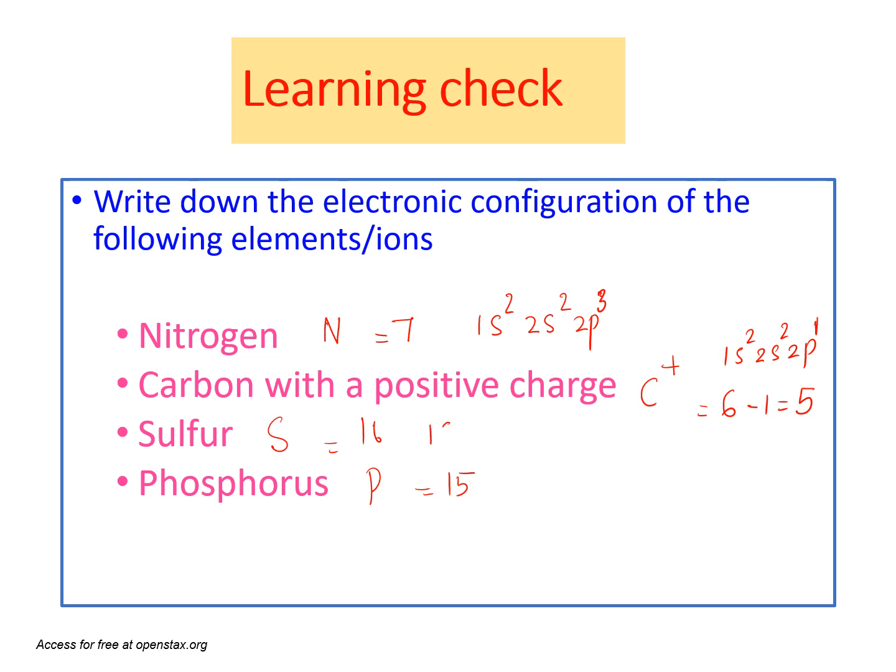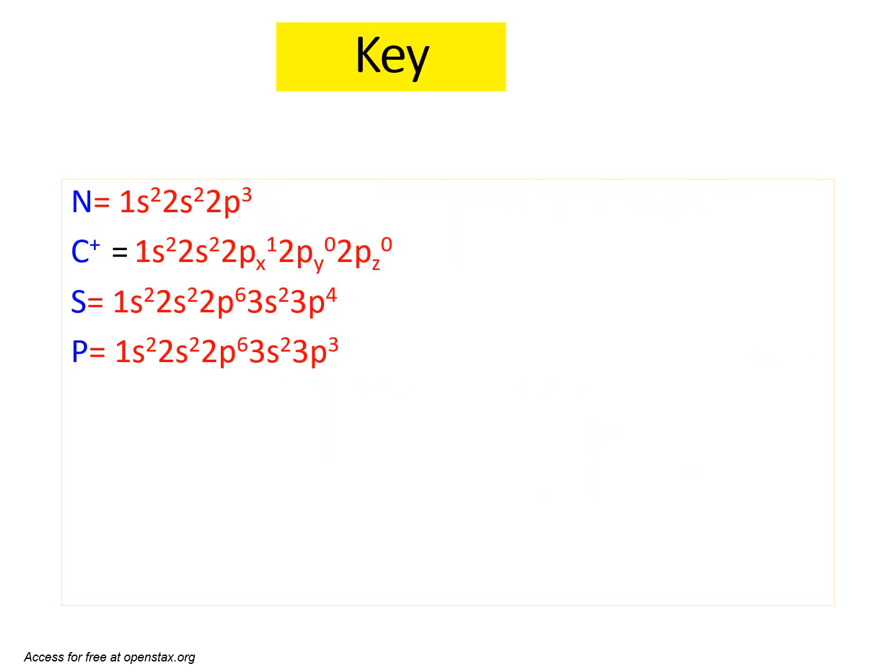Sulfur will be 1s2, 2s2, 2p6, 3s2, 3p4. And phosphorus will be 1s2, 2s2, 2p6, 3s2, 3p3. Here is the key to all of that.